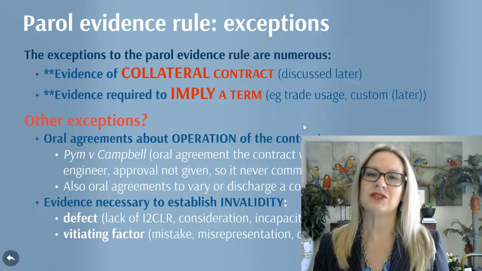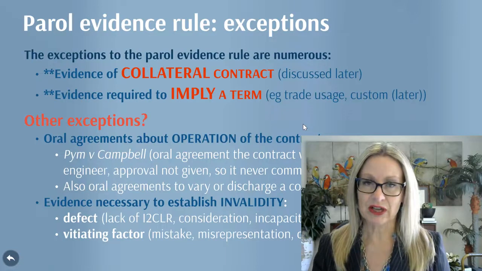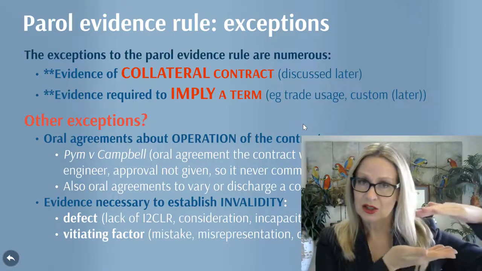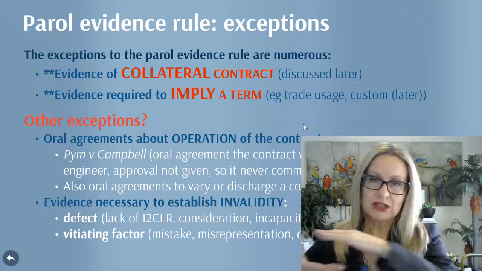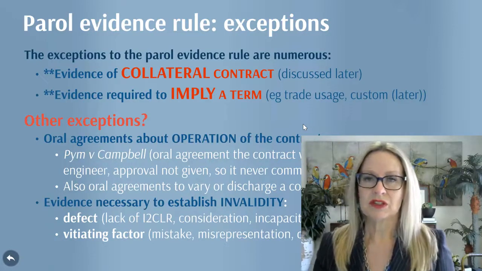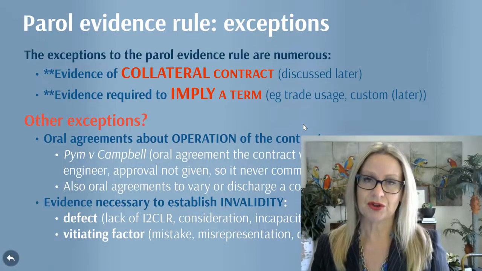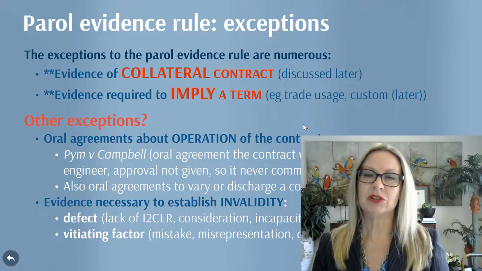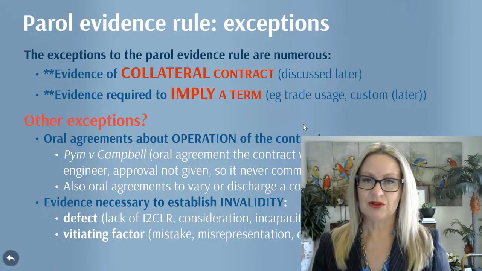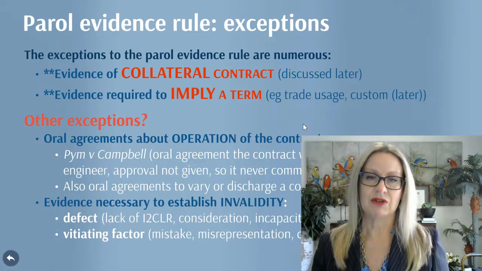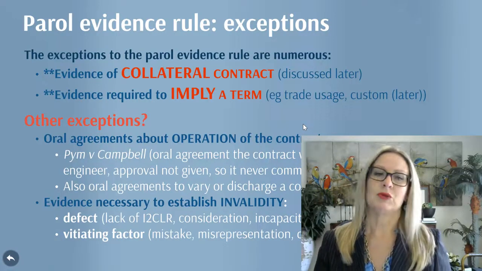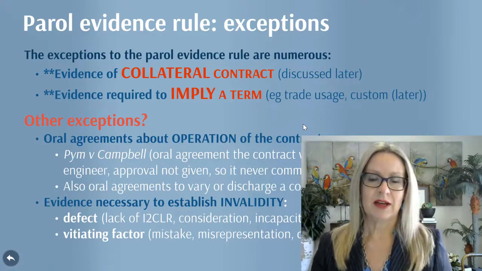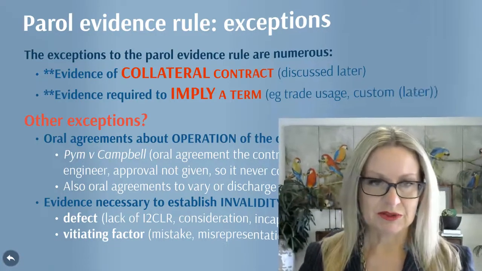So where you need to demonstrate that there is in fact a collateral contract that operates alongside the main contract, then the court's going to say, okay, you can give us evidence to show and support your argument as to a collateral contract. Similarly, where you are trying to argue that the court should imply a term, then the court will let in evidence to allow you to try and demonstrate that the term should be implied. As I said, we'll look at those in a little bit more detail later on in this series of videos.